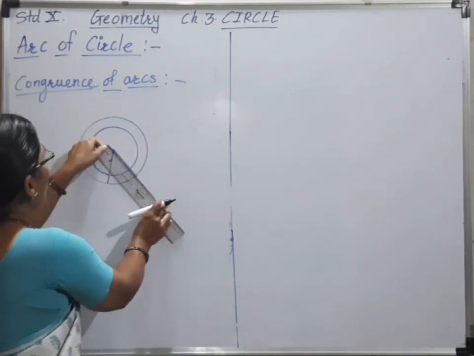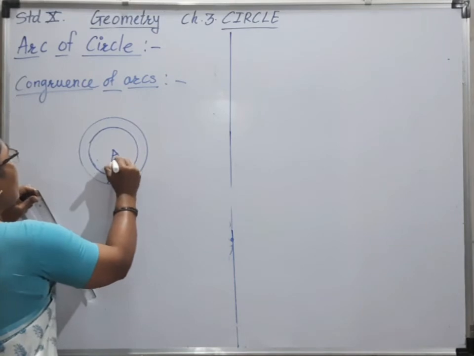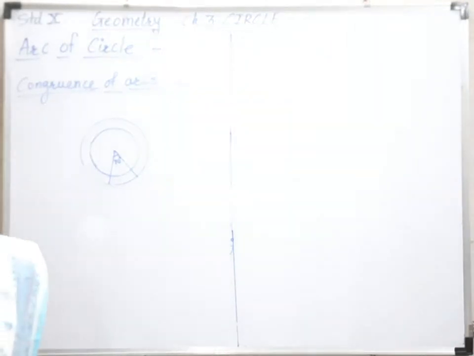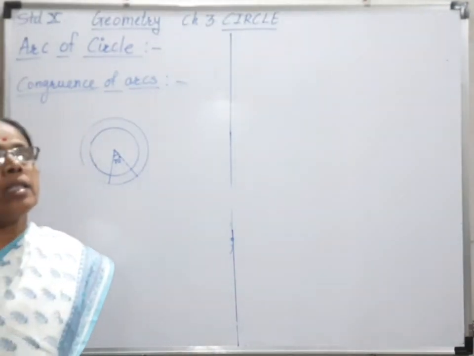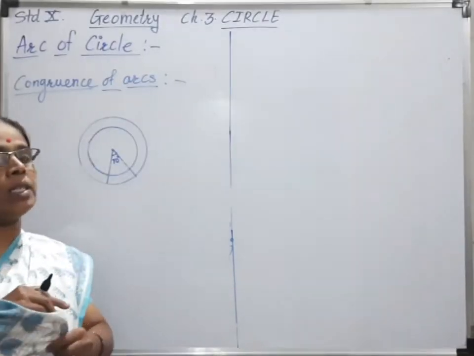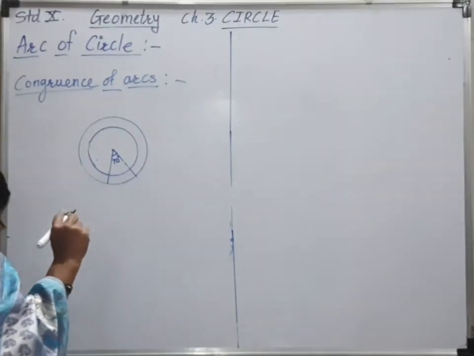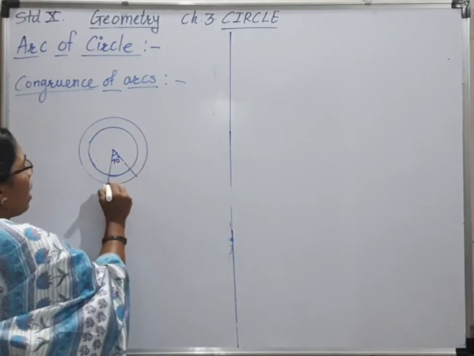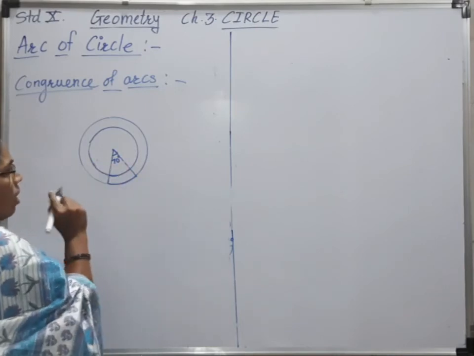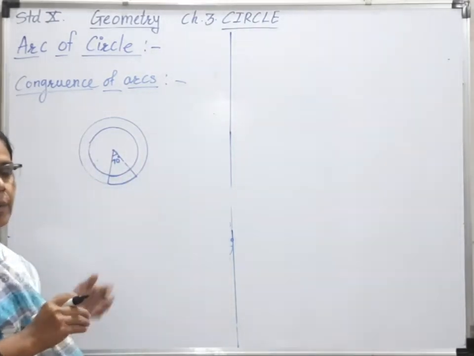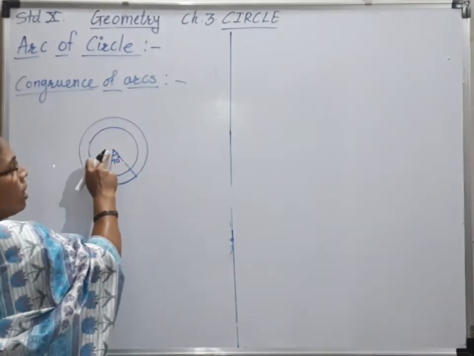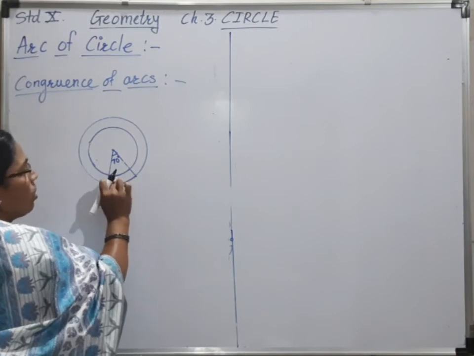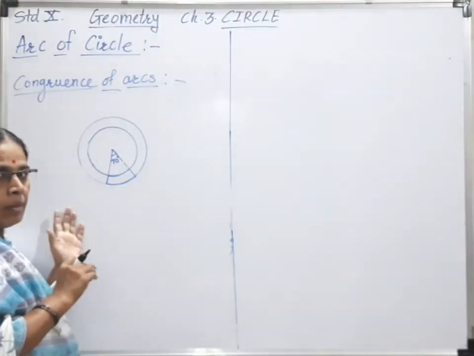Suppose the measure of this angle is 70 degrees, and this angle is also 70 degrees. Before that we learned that the measure of the intercepted arc is equal to the measure of the central angle. This arc is intercepted by this angle, and this arc is intercepted by this angle. But these are two different circles, concentric circles, because the center of both circles is the same. Is the length of the arc of both circles the same?